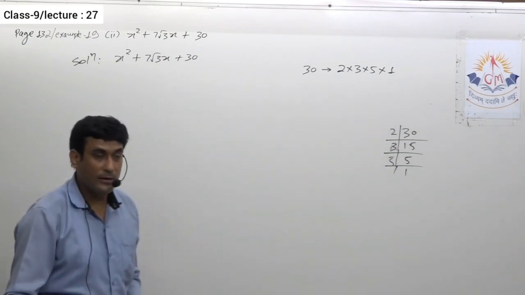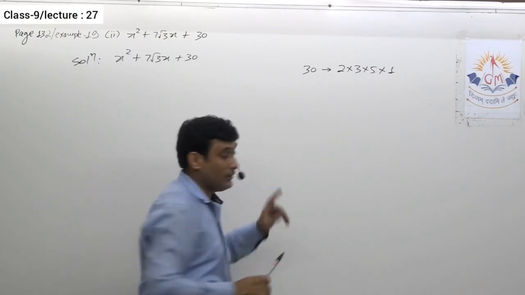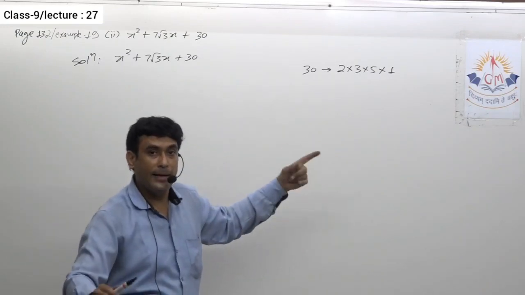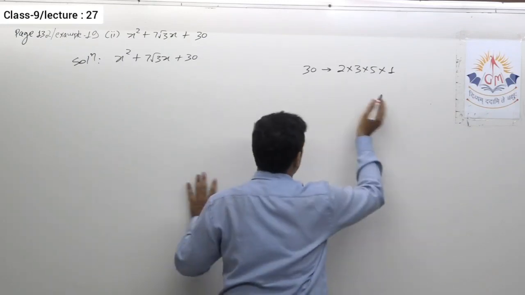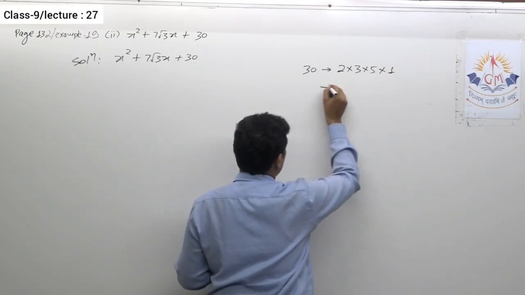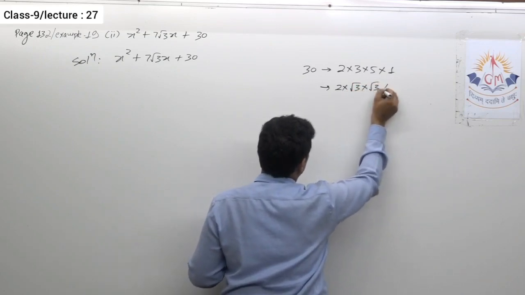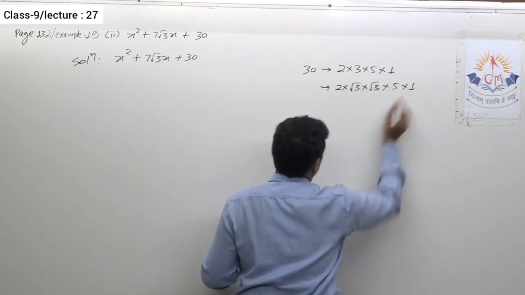After that, write that 3 as root 3 multiplied by root 3, or if there is root 5, then write it as root 5 and root 5. So here I write 2 multiplied by root 3 multiplied by root 3 multiplied by 5 multiplied by 1.